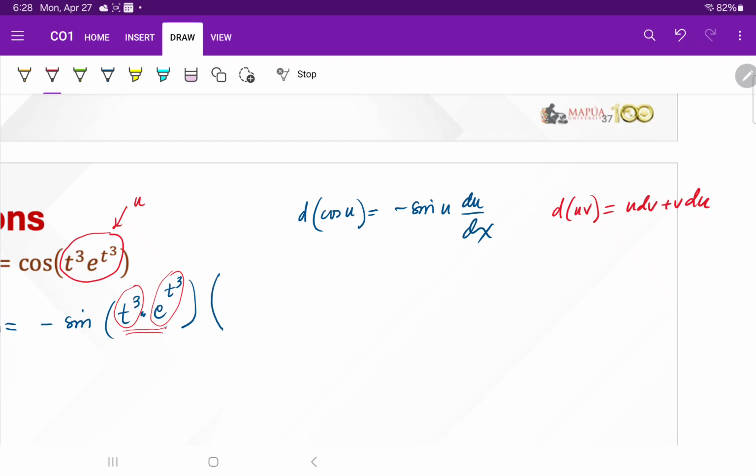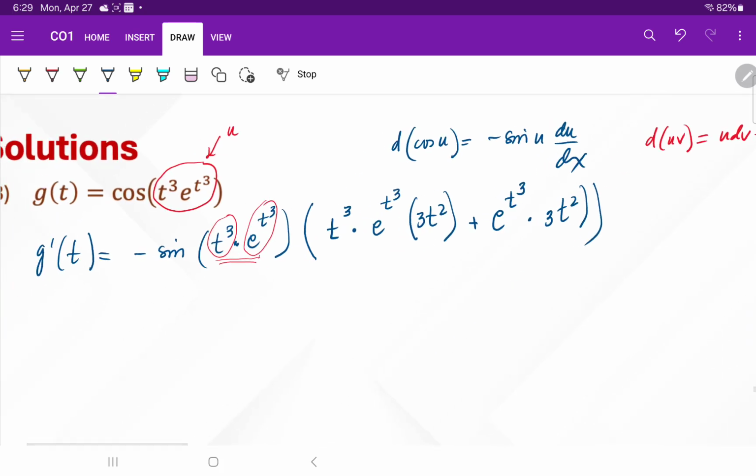Our u is t cubed times the derivative of e to the t cubed, e to the u. So the derivative is e to the u times the derivative of u, which is 3t squared. Then plus e to the t cubed times the derivative of t cubed, which is 3t squared.